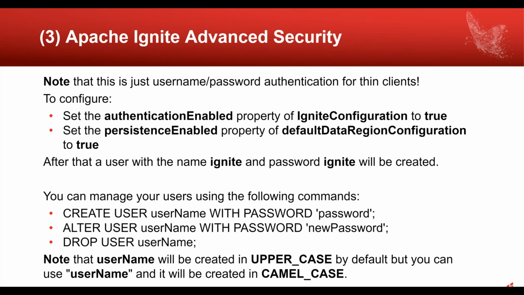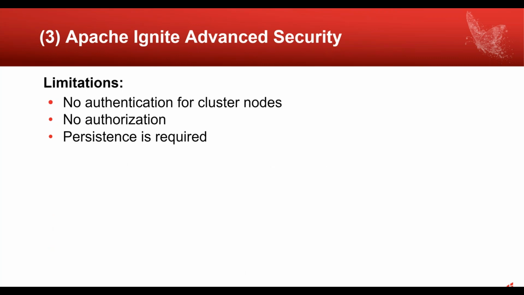I don't show how it can be configured because it has some limitations, and I don't suggest using it because it provides authentication capabilities only for thin clients, so you don't have any authentication for cluster nodes. So you can add some client nodes without any username or password requirement.